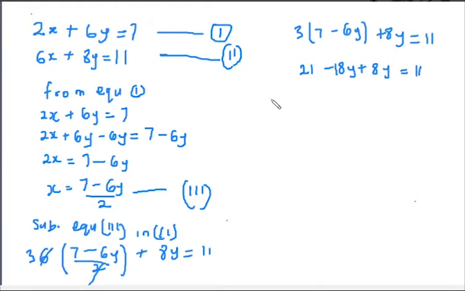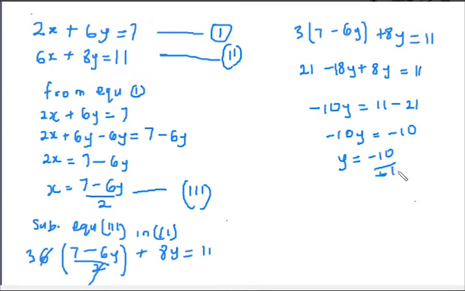So collecting like terms, we have minus 18y plus 8y, which is negative 10y, equals 11 minus 21, so we have negative 10y equals negative 10. Then dividing through by negative 10, y equals 1.